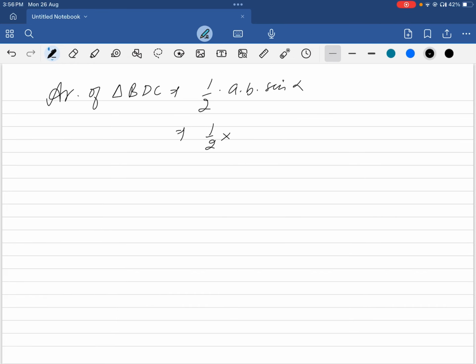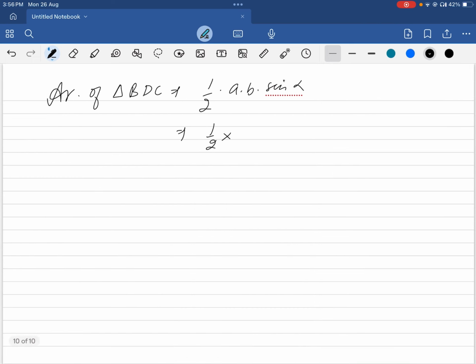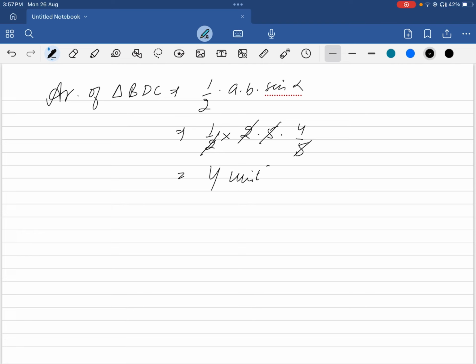Half times, you know that side a was 2, side b was 5, and you found 4 over 5 for sine alpha. 2 cancels, 5 and 5 cancel. 4 unit square is the answer. Whatever unit is there, maybe centimeter, meter, whatever it is, you can just put it and square it, and you'll get the area. This is the right answer, guys.